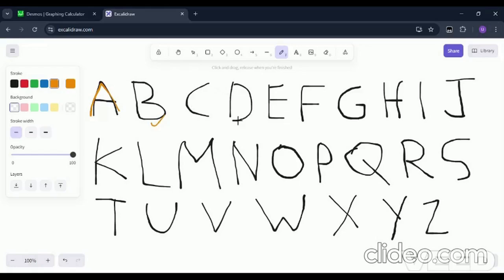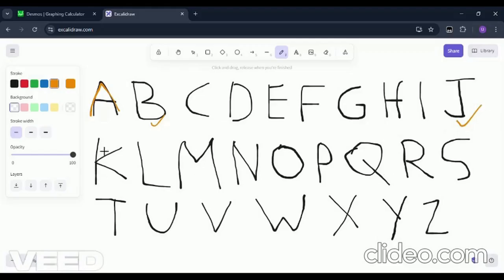So C is a semicircle, D is also a semicircle with just a vertical line. E is a vertical line with three horizontal lines. F is much similar to E only. G is also a semicircle with a vertical and a horizontal line. H is easy, I is easy. J is quite different, you can try it.